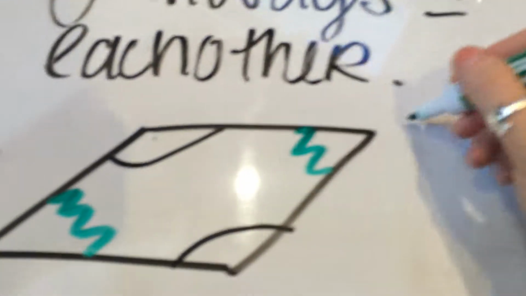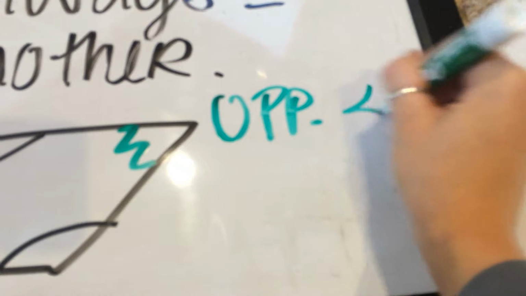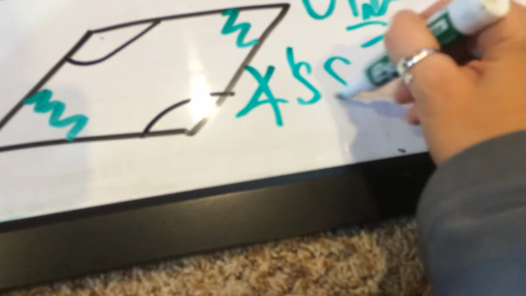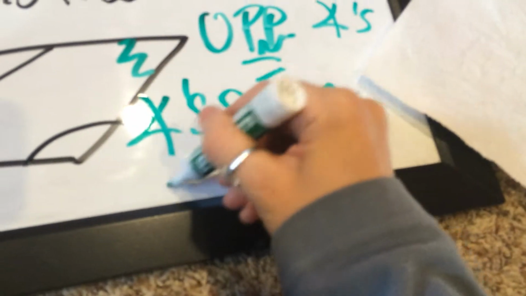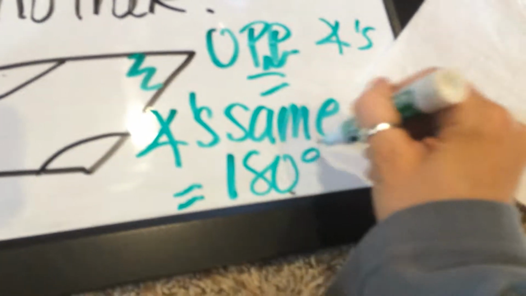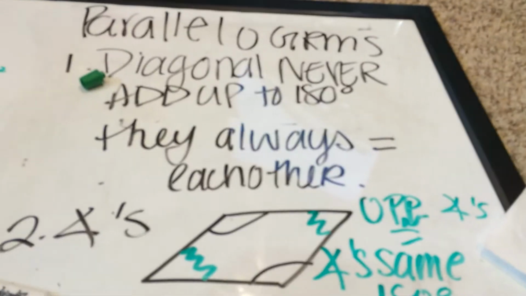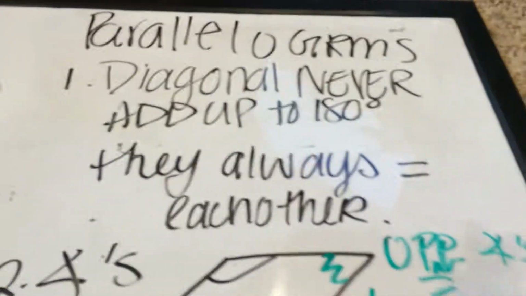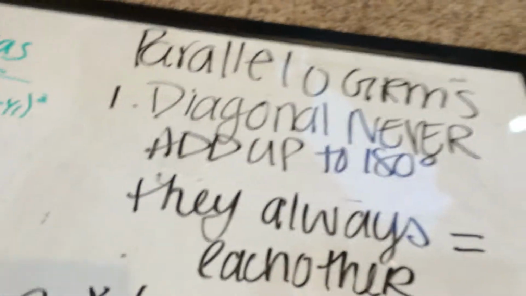Opposite angles are congruent. Angles on the same side add up to 180 degrees. That's only for parallelograms. Do not get parallelograms confused with trapezoids. They are those like evil twins. They're the people in the family that no one talks about.